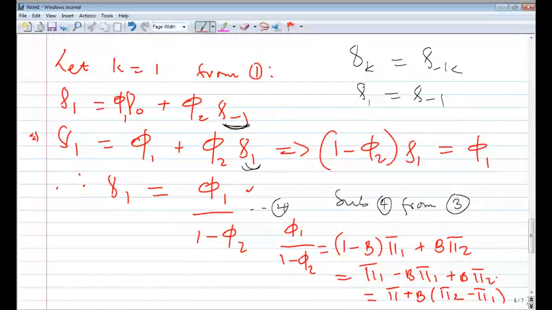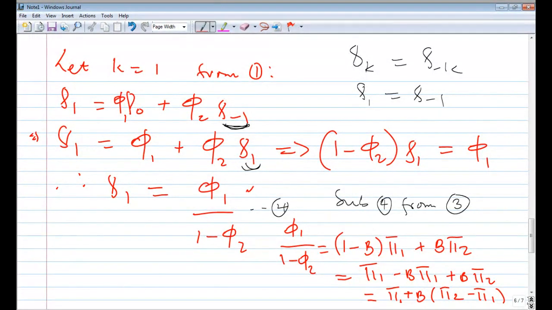Are we still together? This one is pi 1. Then we can write it nicely: phi 1 divided by 1 minus phi 2 is equal to pi 1 plus B, open brackets, pi 2 minus pi 1, close brackets.